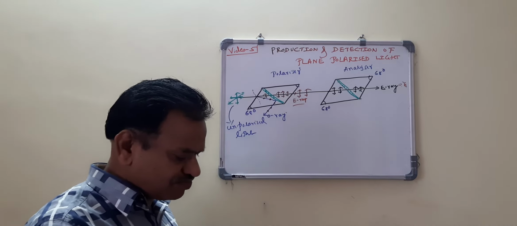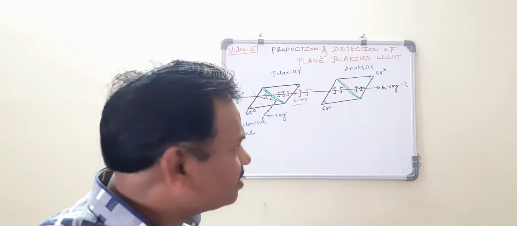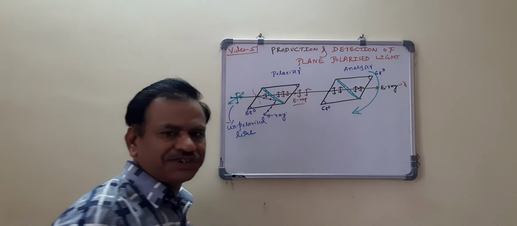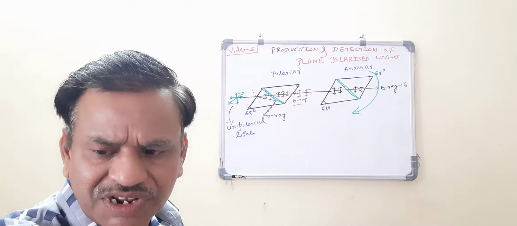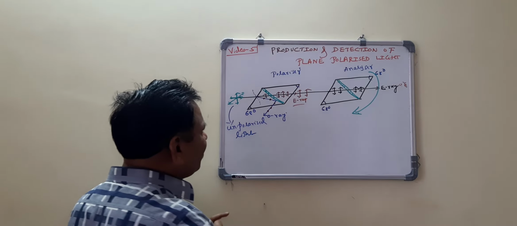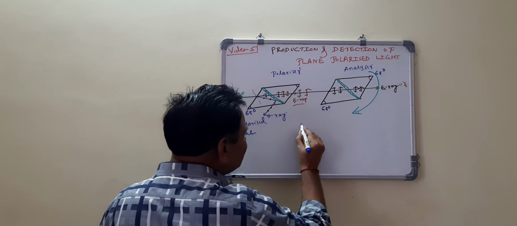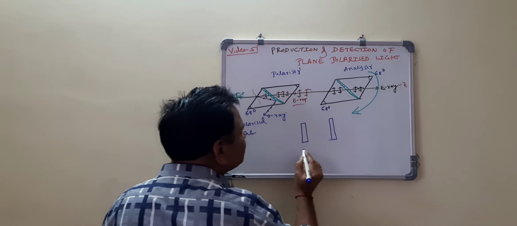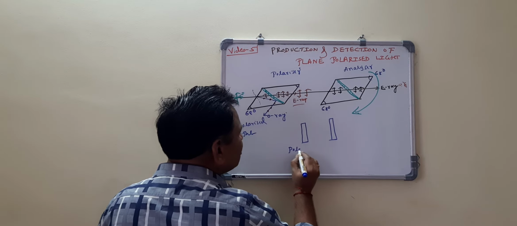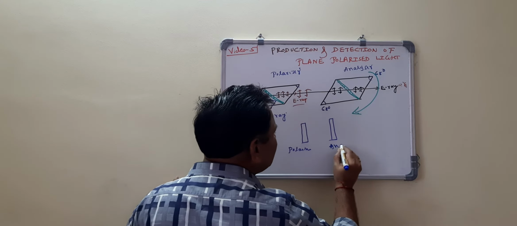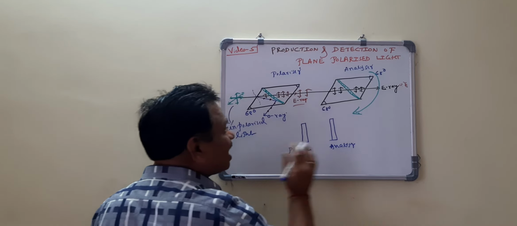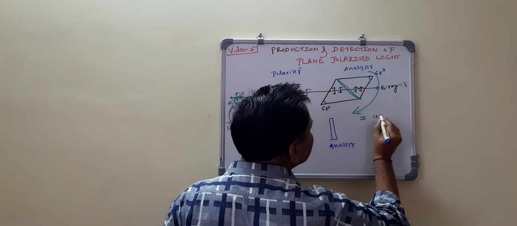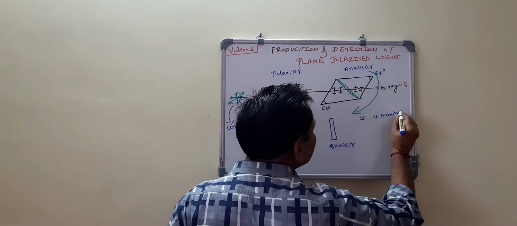You rotate the Nicol prism clockwise. In the previous video, video number 1, I told you that when the principal section of this prism, the polarizer, and the principal section of this prism, the analyzer, are both parallel, the intensity I is maximum.